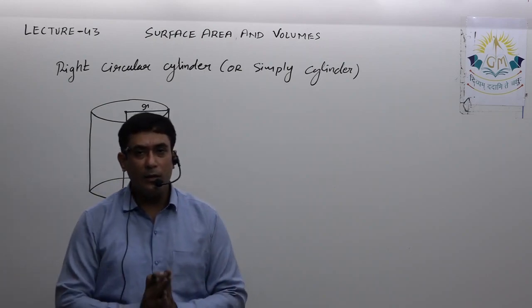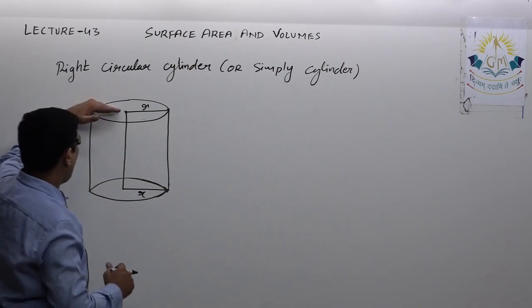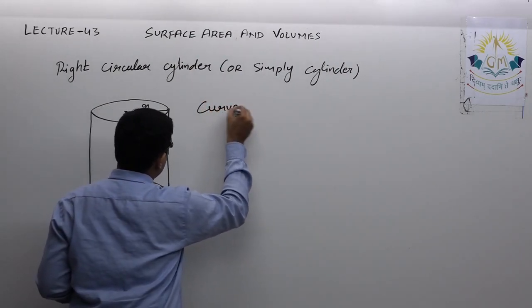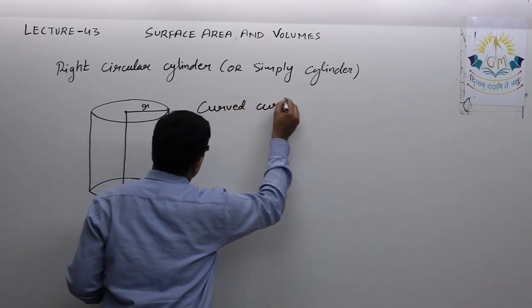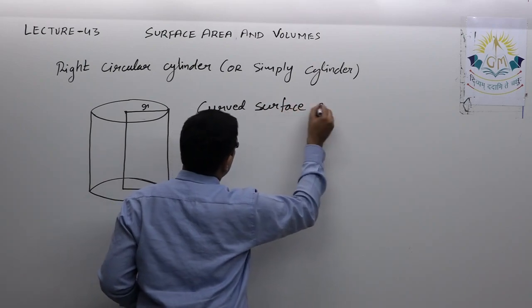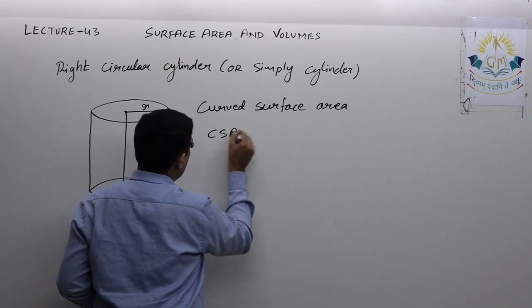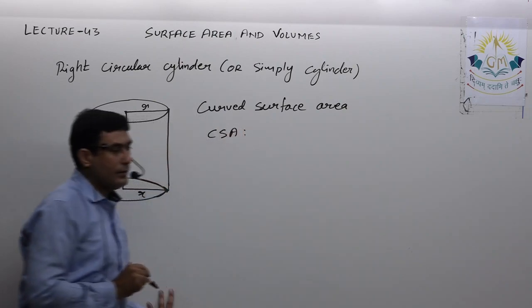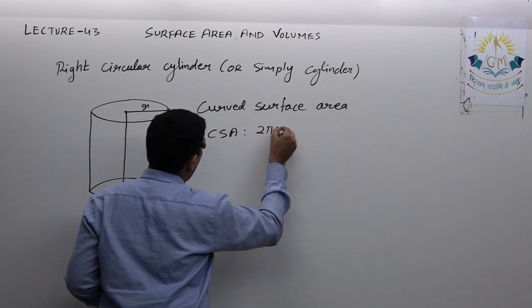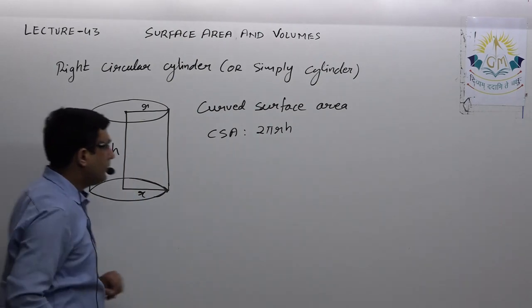Otherwise their meaning is to take the area of walls, excluding the area of top and bottom. So here curved surface area, in short CSA. Curved surface area of a cylinder is 2 pi r h, where r is its radius and h is its height.